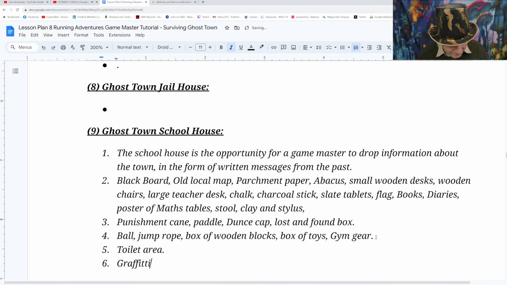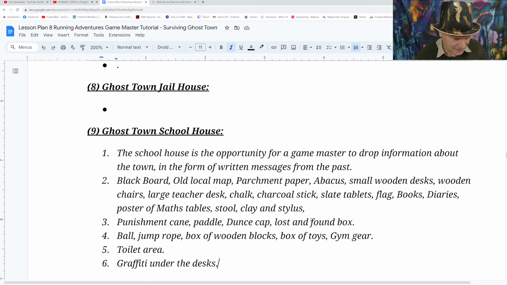Graffiti under the desks. You didn't really want to do that. I don't know about you, but when I was at school, you all got assigned a desk and had to stay at the same desk all year round, and if the teacher noticed there was graffiti on your desk, even if you didn't do it, you got into a lot of trouble.